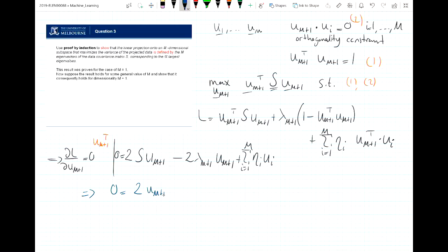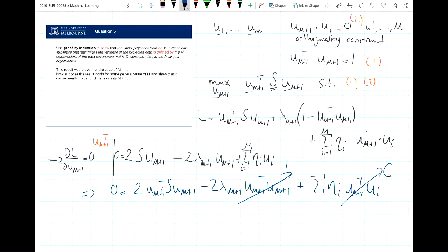Um plus 1 transpose S um plus 1 minus 2 lambda m plus 1 um plus 1 transpose um plus 1, that's 1 because of normality, plus all of these actually are orthogonal, so these get 0, therefore this is 0. So the 2's cancel out.